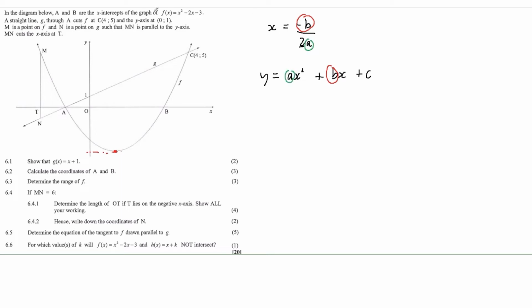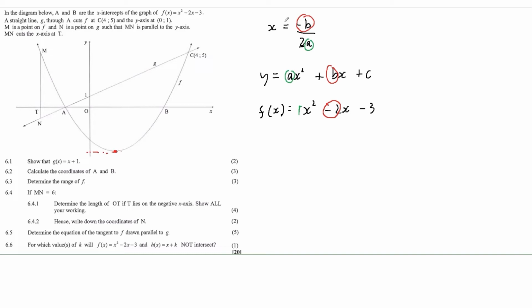So if we look at the equation they give us, f of x equals x squared minus 2x minus 3. The coefficient of our x squared, which in this case is 1, is going to be our a value, and our b value is going to be -2.